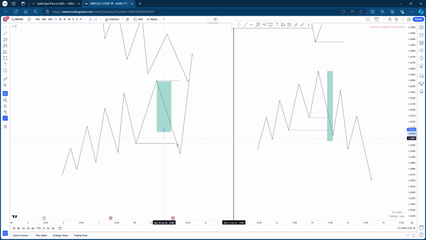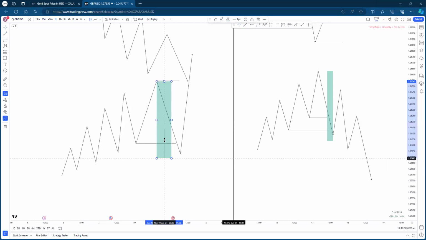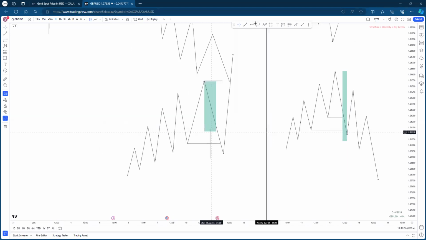Price will trade below them first as a body, but over time it's going to react and close above them with a wick. The moment price closes above them as a wick, we know that what price did was actually use these two higher lows as internal range liquidity.